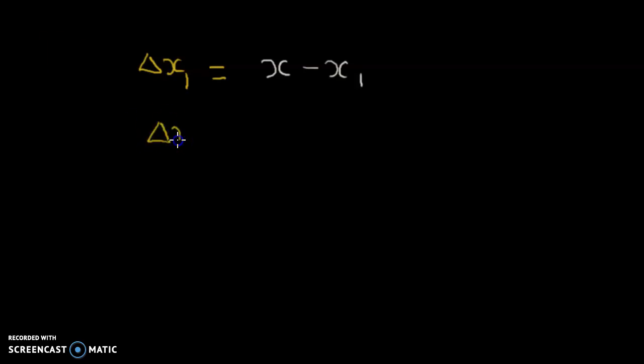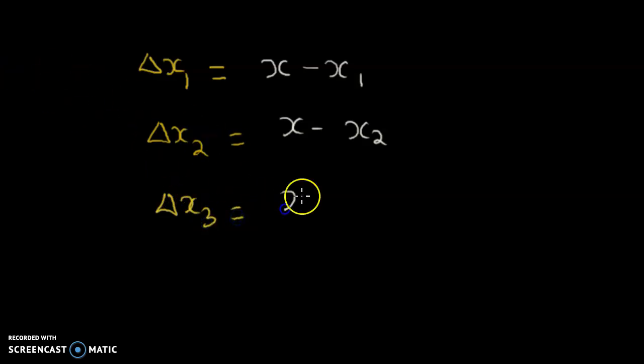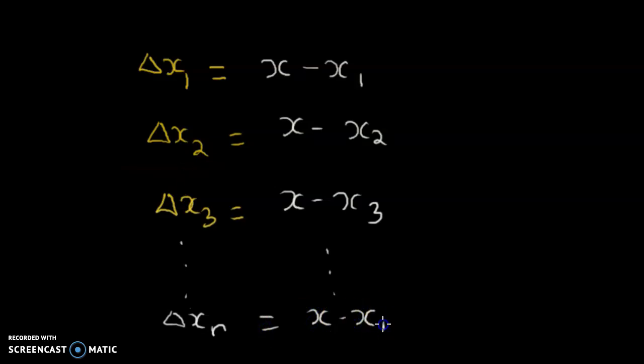Absolute error delta x2 is true value x minus measured value x2. Thereby I get the absolute error of every reading, likewise till xn, x minus xn. So these all represent the absolute errors.